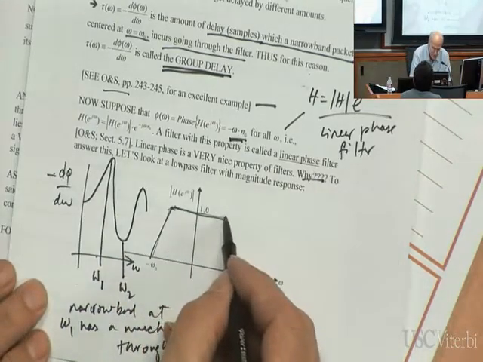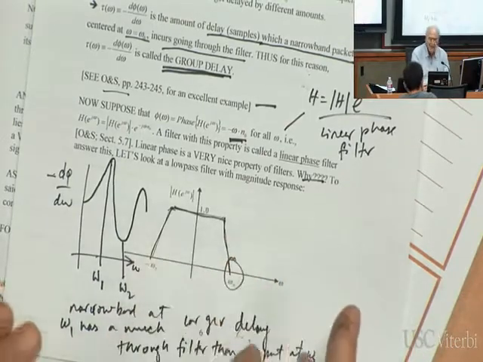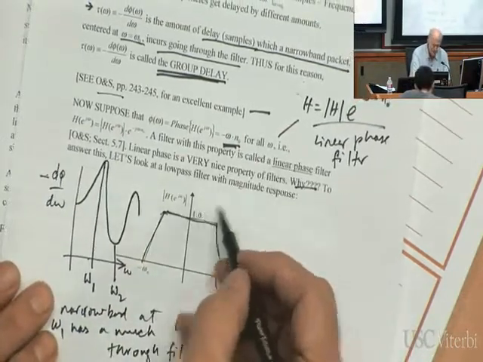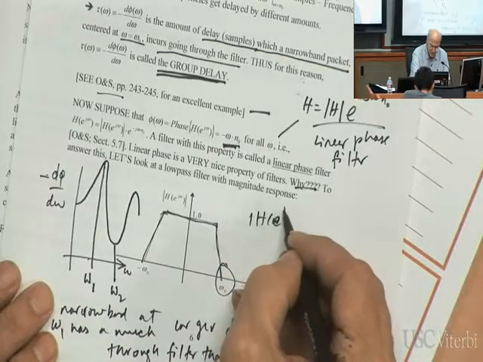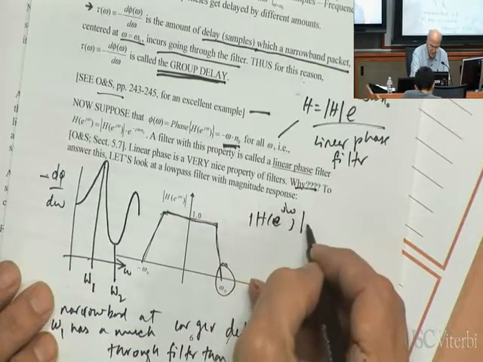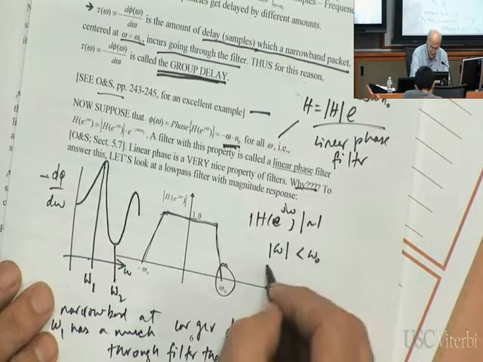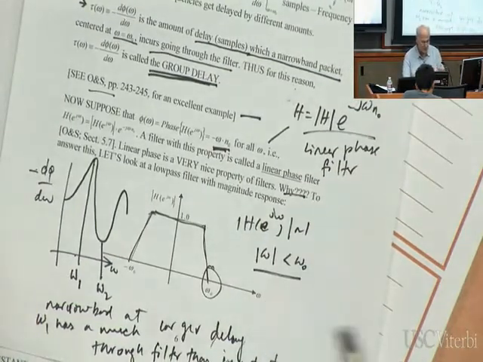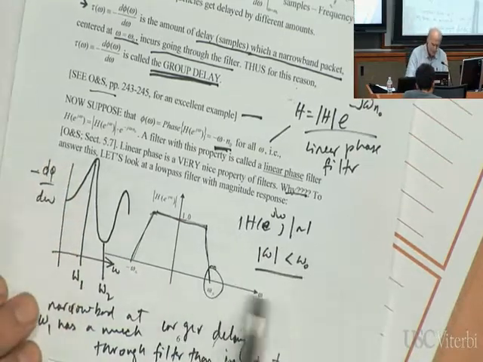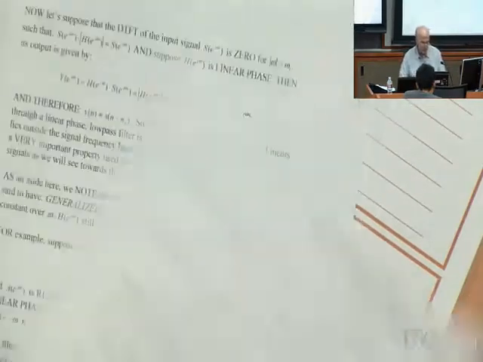We will assume that the magnitude of H of e to the j omega is approximately 1 for the absolute value of omega less than omega naught, and outside of that, we will assume it's 0. So this is a great low-pass filter that will get rid of any noise outside of that frequency range.